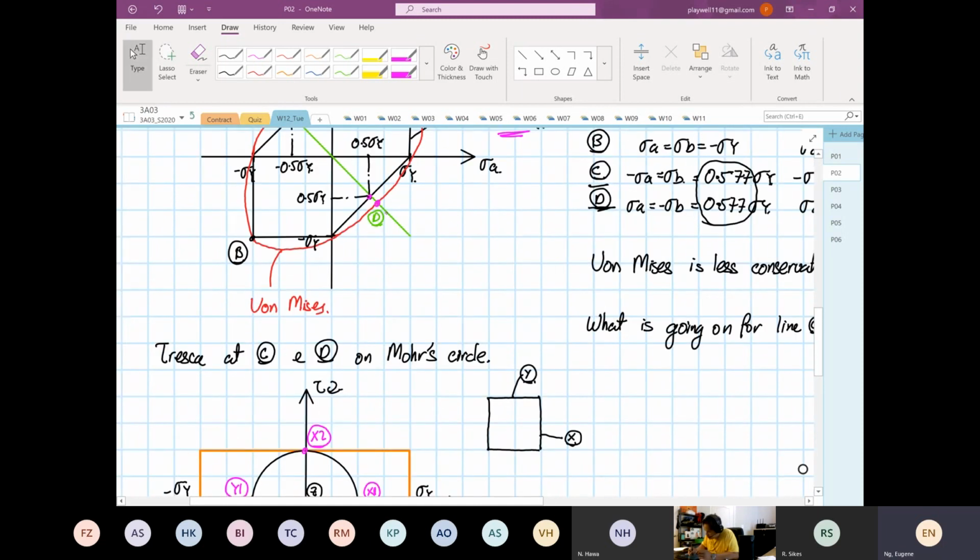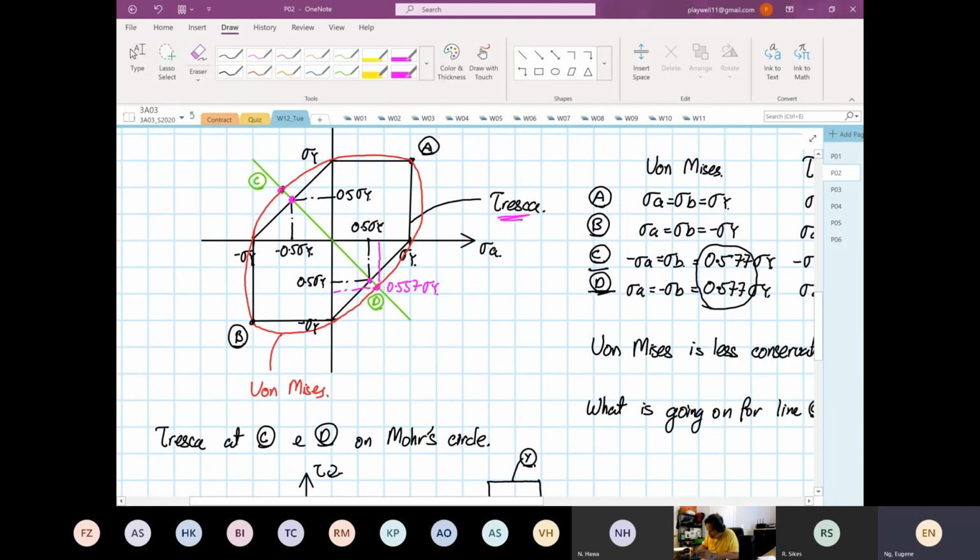Because now this value is no more 0.5. Now this is 0.577. If you draw the lines down here, now it's 0.577 stress yield, and over here it is also equal to minus 0.577 stress yield.